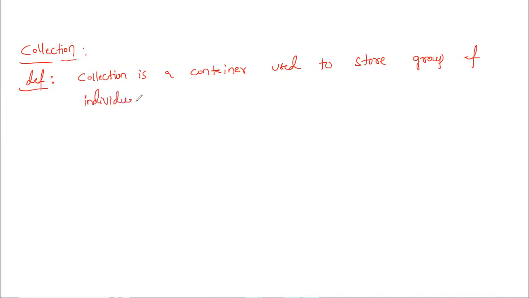Collection is a container used to store a group of individual objects. Together, all the objects as a group, but they are individual objects. That is the purpose of a collection.